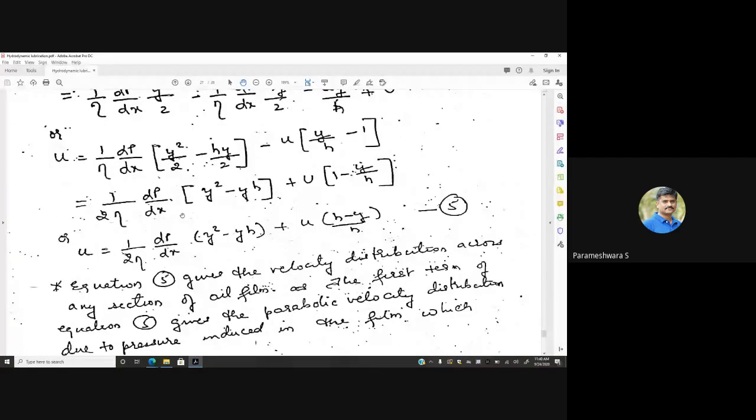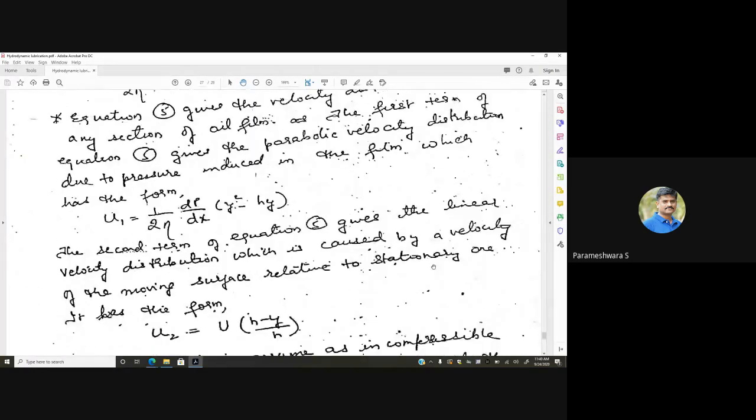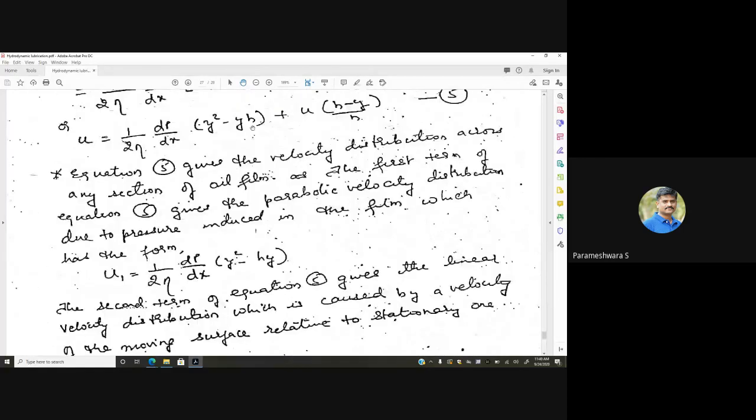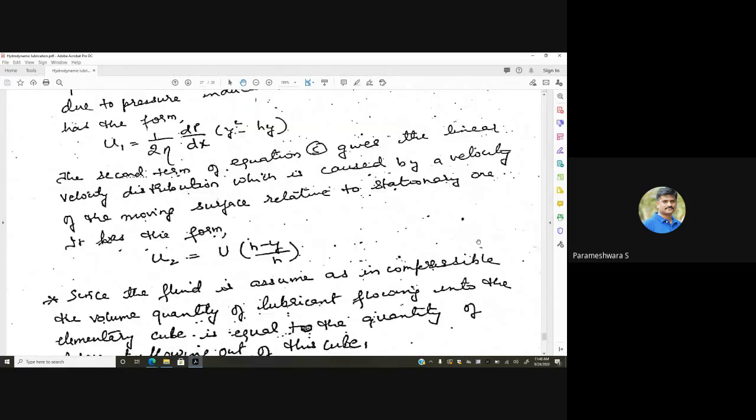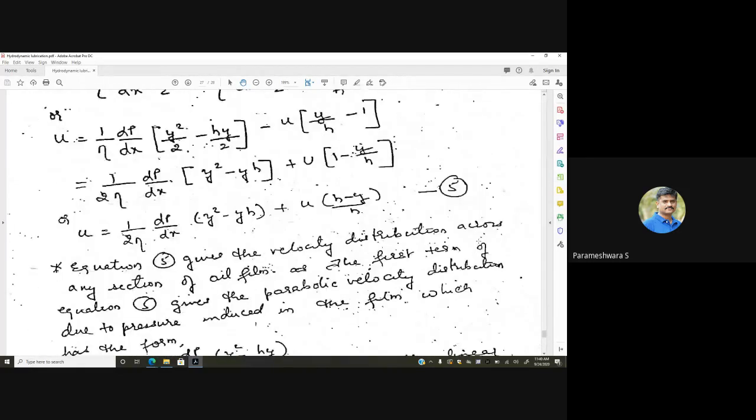First term represents parabolic distribution, and the second term represents linear distribution. So y is equal to x, like that, linear. Parabolic means y square, cubic y cube, like that. So when you go for a three-dimensional equation, you will get one more added term for this. Since we restrict our study to two-dimensional equation, up to this level is sufficient.